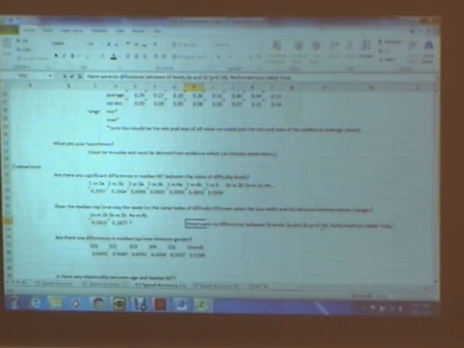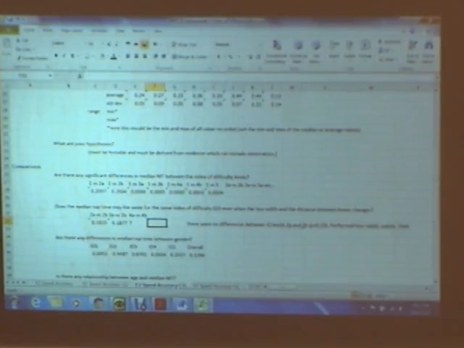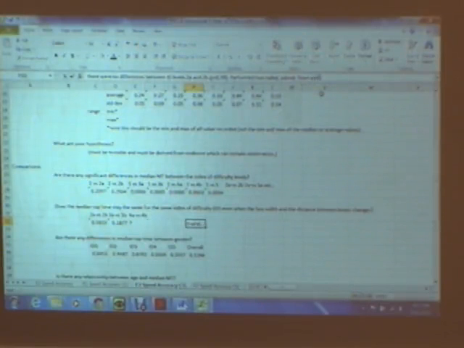And was this paired? Yeah, this was a two-tailed paired t-test is what you would say, because the two tails says that factor you put in, and then with alpha set to 0.05.